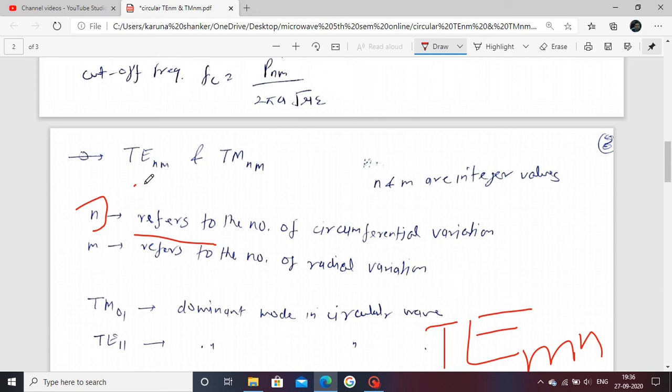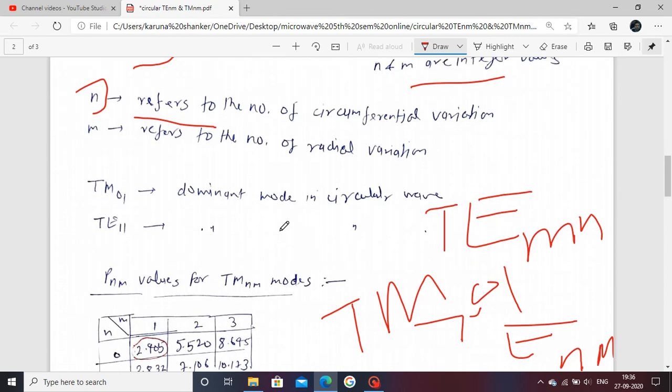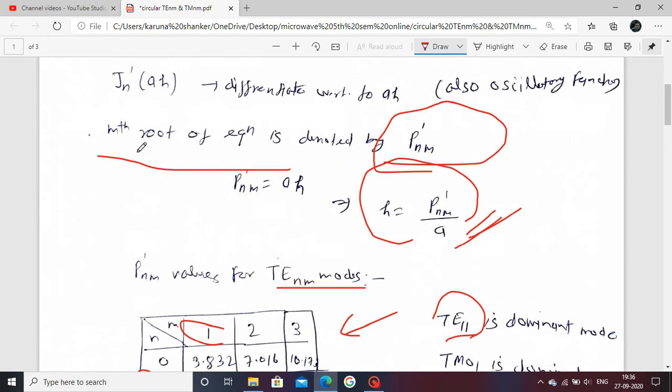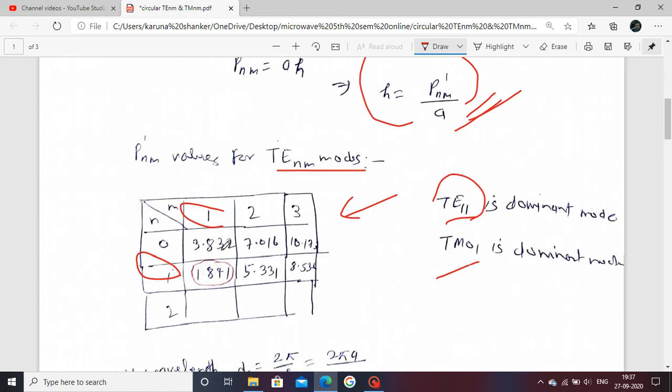This is your TE nm and TM nm. This also represents integer values, similar to the rectangular waveguide. This value is calculated from the Bessel's function, meaning the mth root of the equation is calculated and denoted by P'nm.